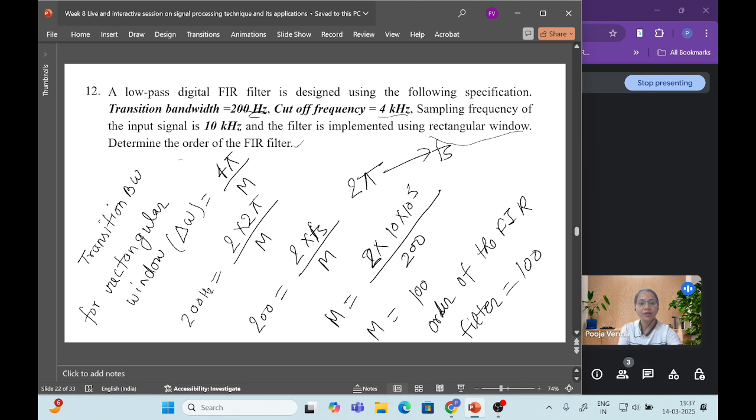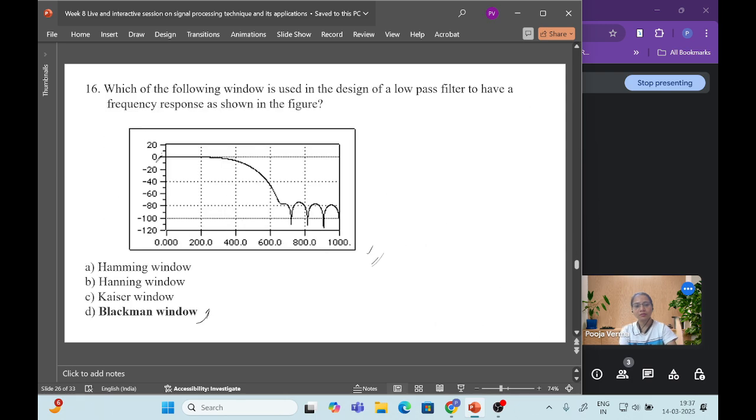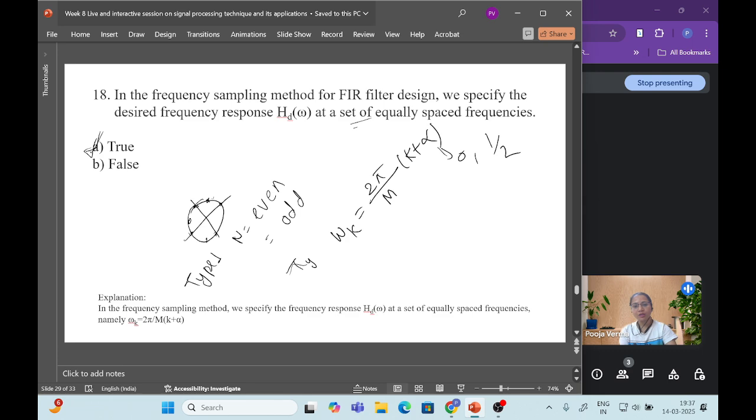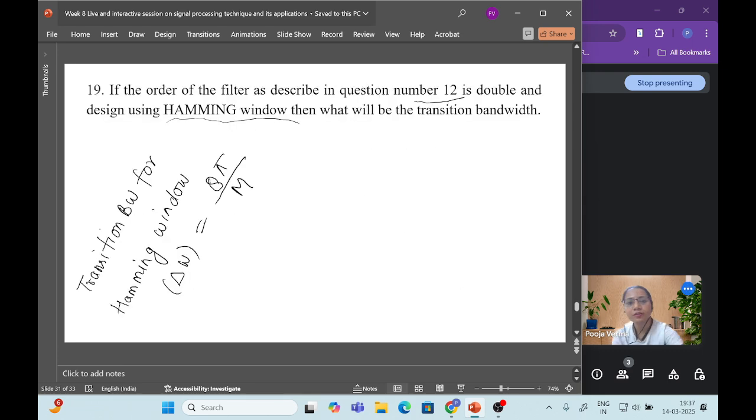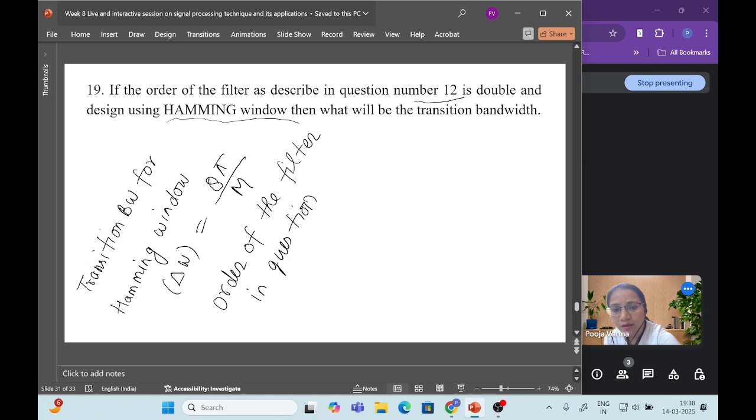Here the order of the filter we have derived is 100. So the order of the filter in question 12 is M equal to 100, right?